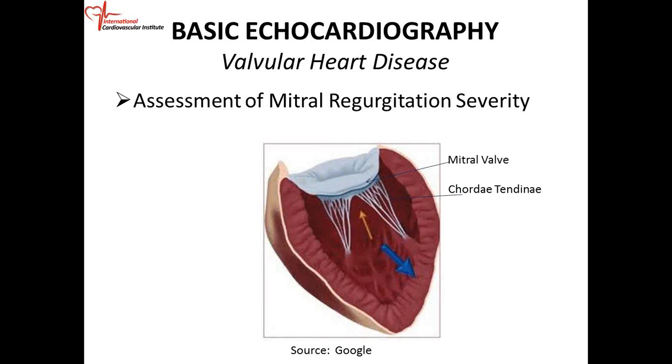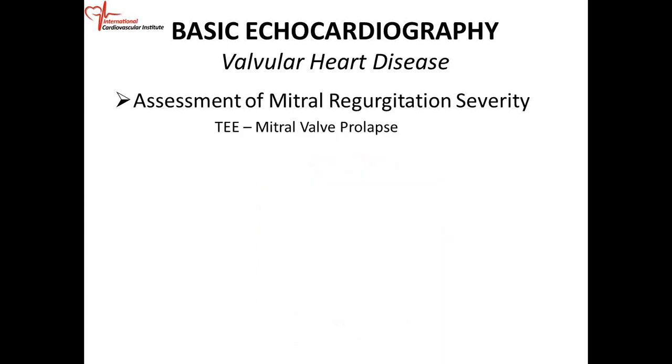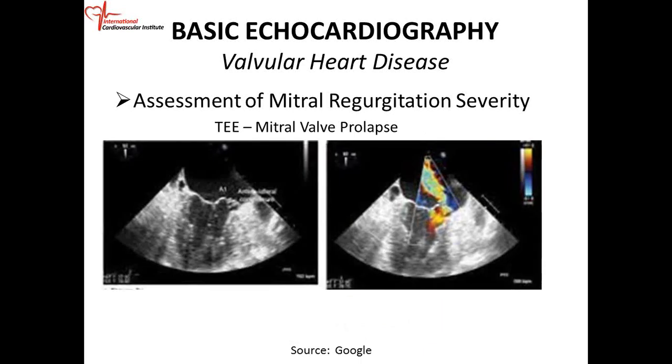Okay, mitral valve, the chordae tendineae, papillary muscles. So it's important, if you're not sure what's causing the mitral regurgitation, you have to go on to a transesophageal echo to determine the etiology of the regurgitation.